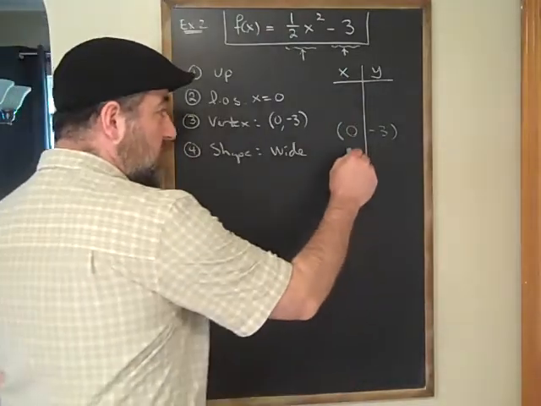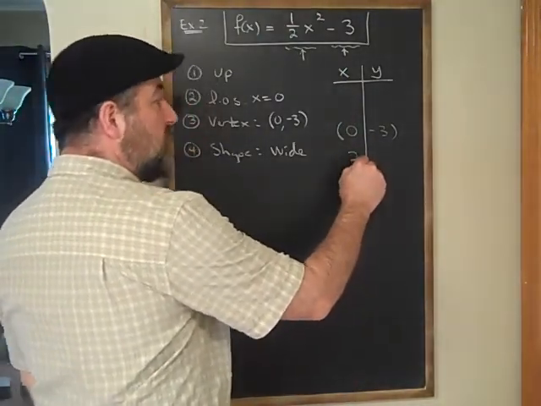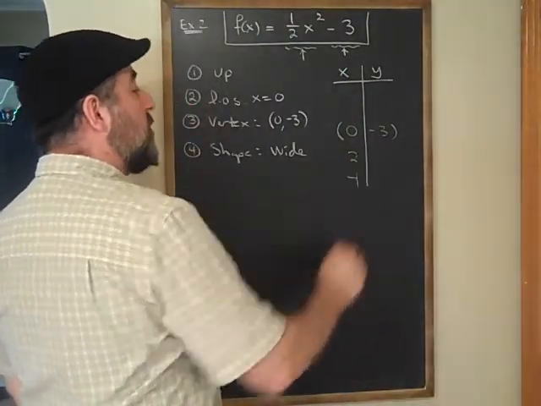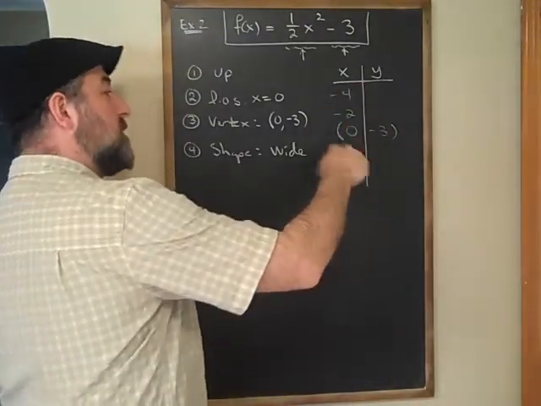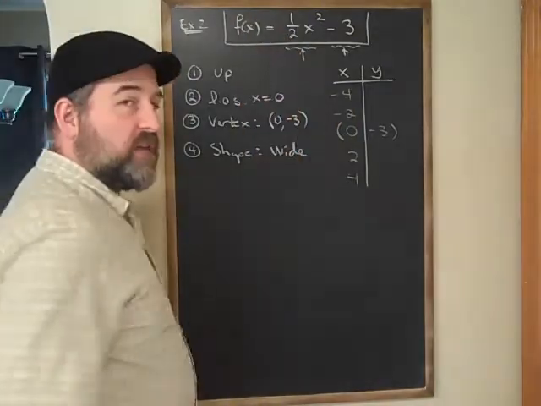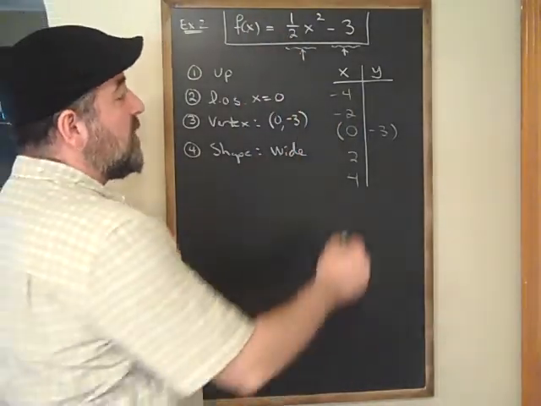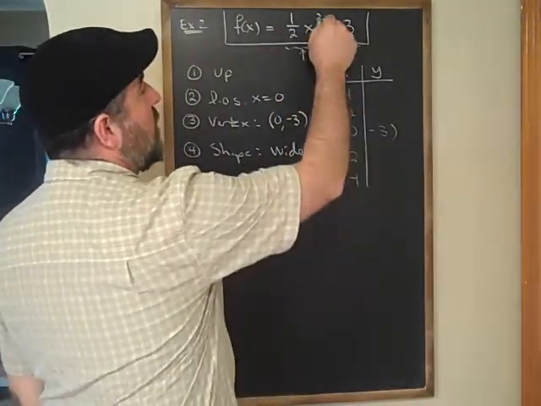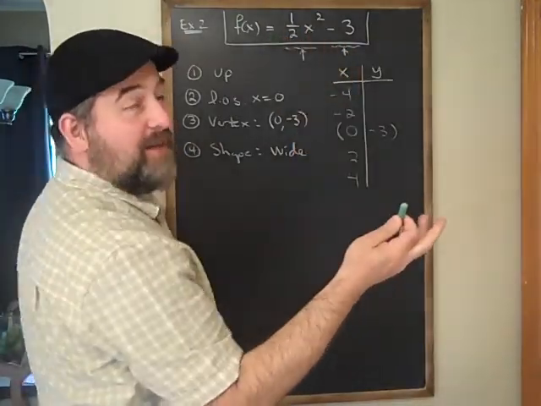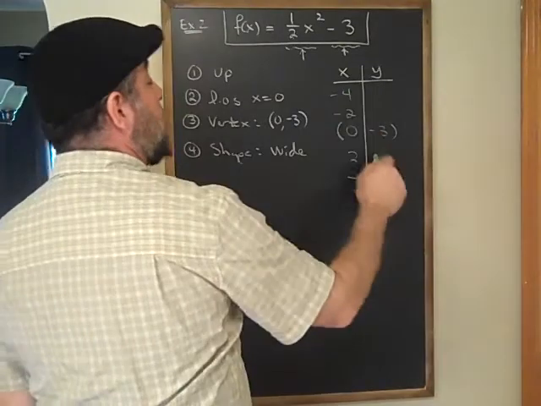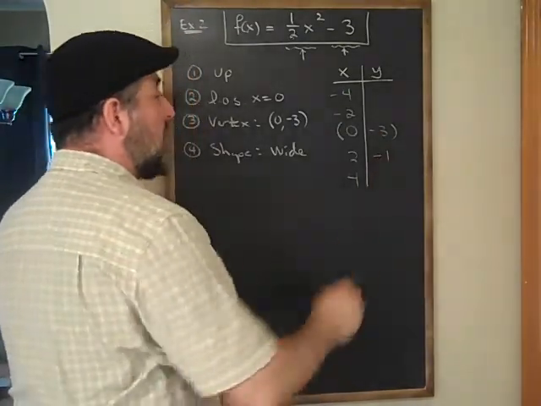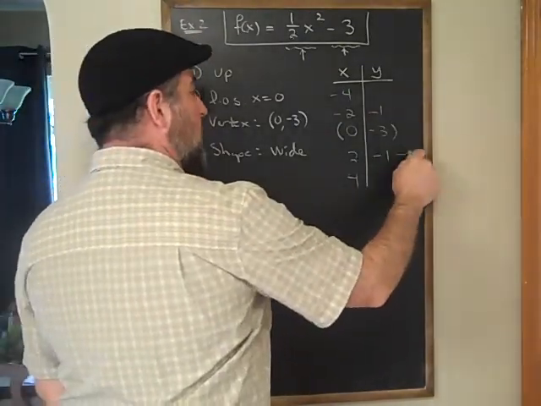So I'm going to go not to 1, I'm going to go to 2, and not to 3, I'm going to go to 4, which tells me I'm going to choose those two because they're evenly spaced on the other side of the line of symmetry. So let's put in our 2. 2 squared is 4. There's that even number I was telling you about. A half of that even number 4 is 2. 2 minus 3 is negative 1. Which tells us this is going to be negative 1, right?